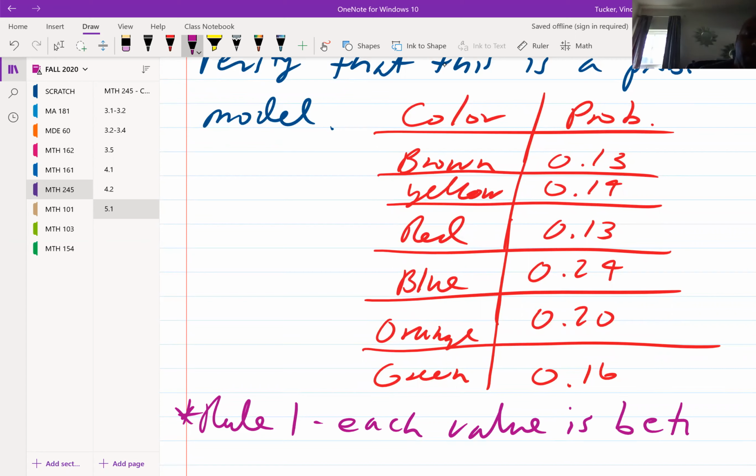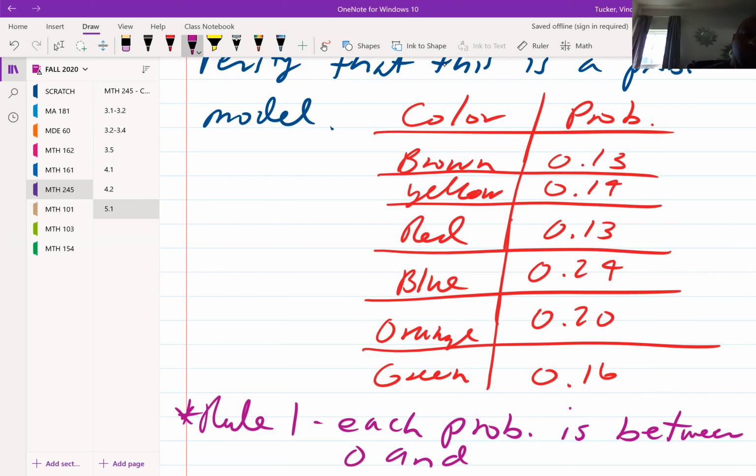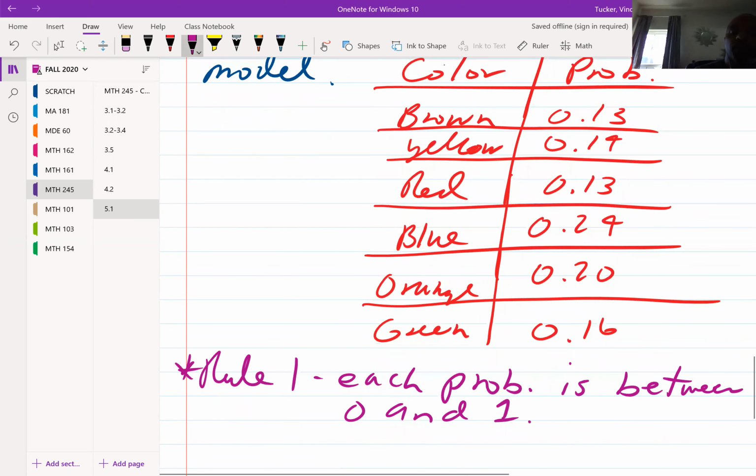I'll say each probability. All right, so each probability is between 0 and 1.